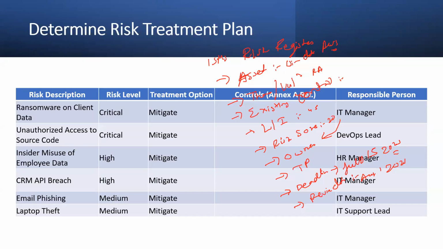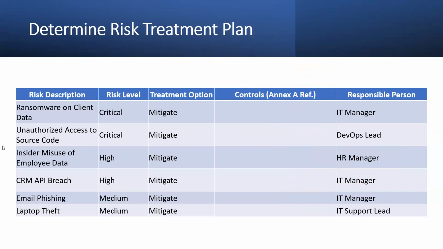All this information is kept in your risk register. I hope you got a fair idea about this. Once you determine the treatment plan, make sure you are also registering the risk parallelly in your separate document.